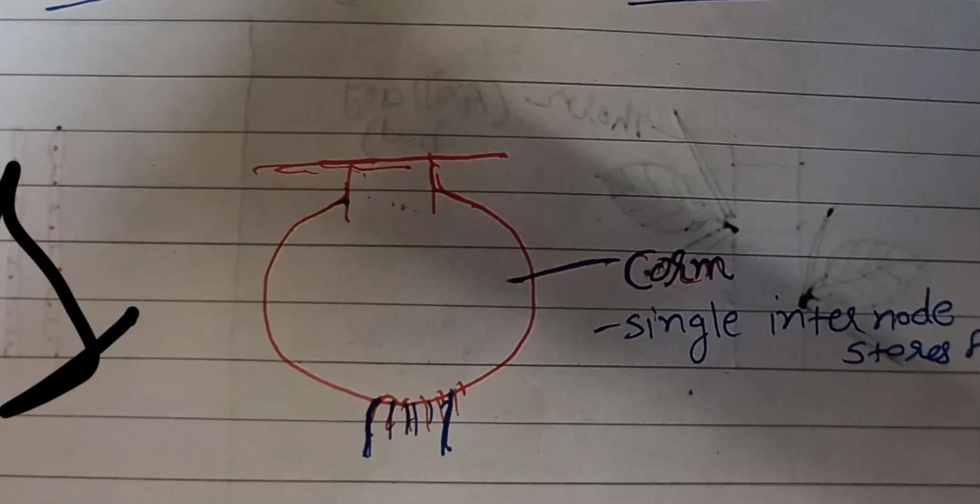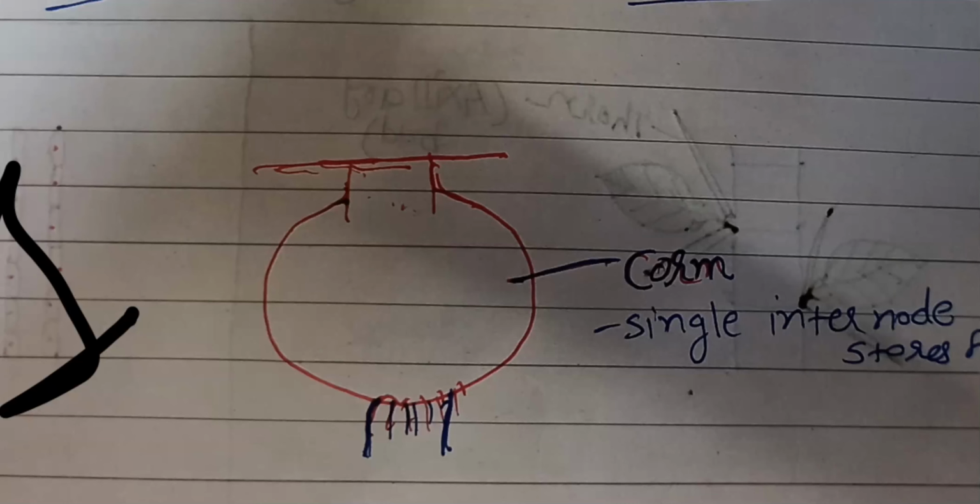Rhizome or rootstock. Correct. Now the next, third one. Like ginger, there is another one, turmeric. Same structure as the ginger. Yes or no? So for turmeric also, the words rhizome and rootstock are used.